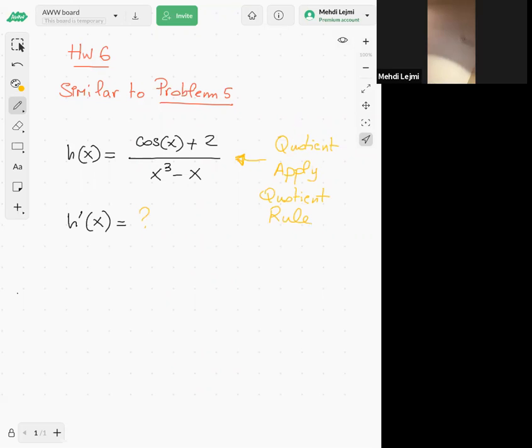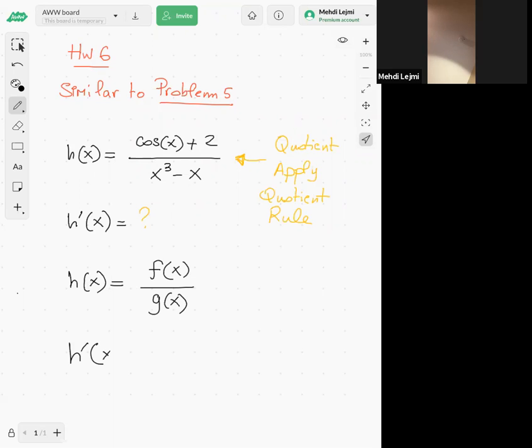Now, you need to know what the quotient rule is. For h of x, there is a function in the top, the numerator. Let's call it f of x, and let's call the function in the bottom, the denominator, g of x. So you have this quotient f over g. Now you want to compute h prime.